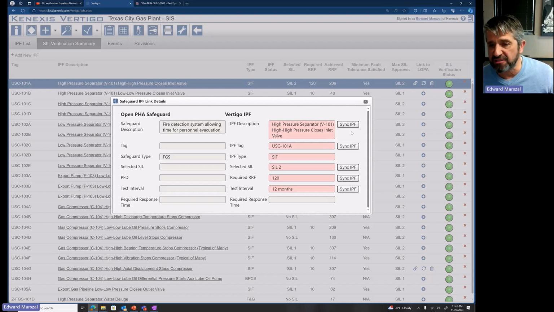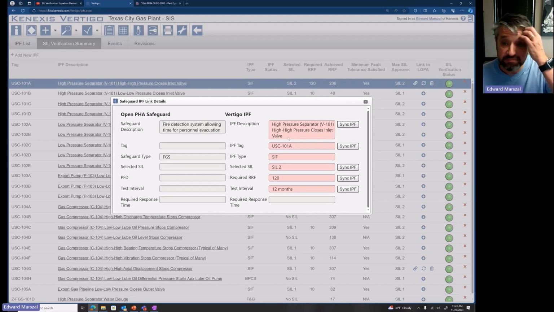When I say sync IPF, and I did this just as an example because these aren't even the same safety functions, you're able to change the Vertigo study to match what's in OpenPHA, but you can never change what's in OpenPHA. That would be a violation of every PSM rule, to allow a PHA study to be changed without a full team agreeing to the change. So we're not going to let the SIS engineer click a button and change what's in the PHA.